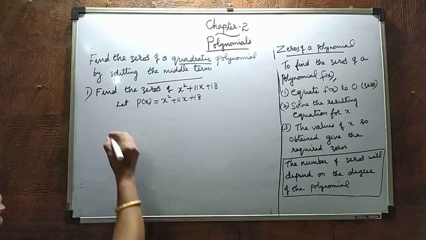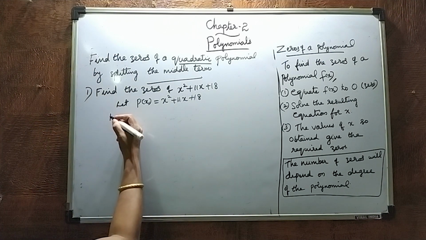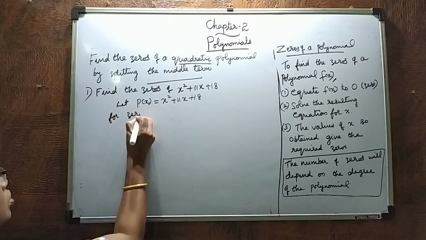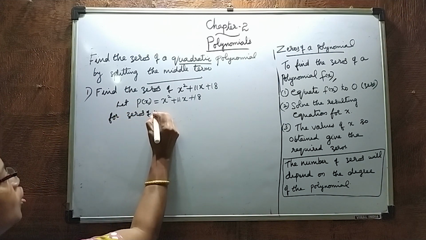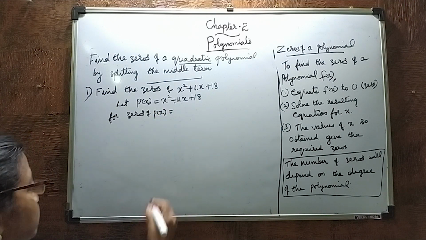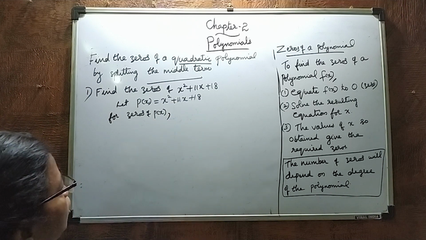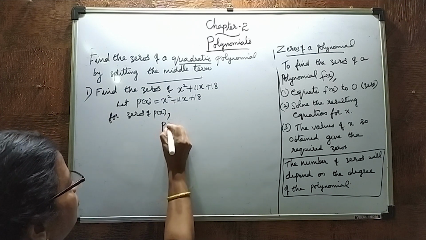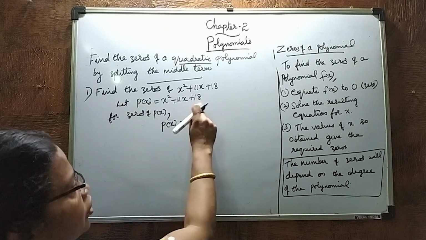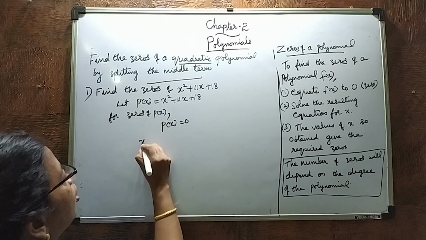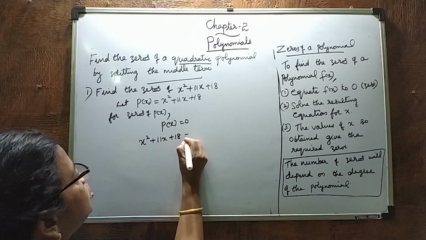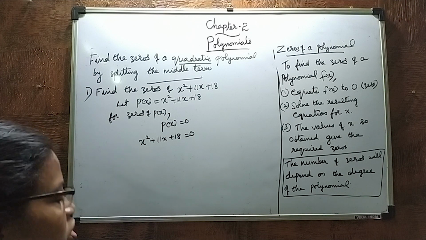Now for zeros of p of x, p of x is equal to 0. Then instead of p of x, what you have to write? That quadratic polynomial, x square plus 11x plus 18 equal to 0.